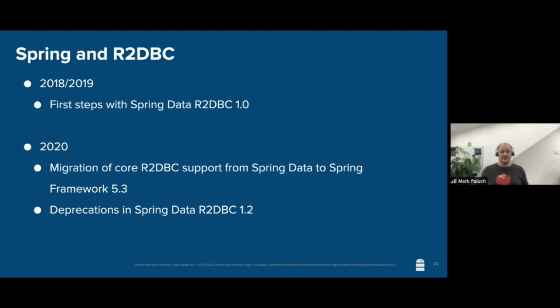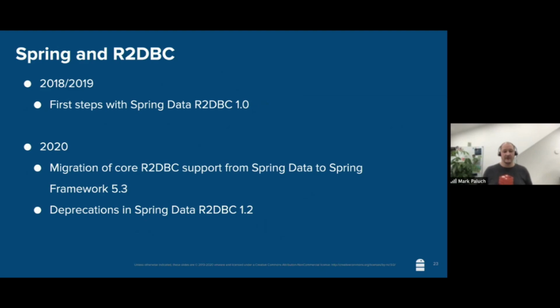And through the course of almost 2 years, we have accompanied the R2DBC development with Spring Data R2DBC. And Spring Data R2DBC was our experimentation ground to bring and to surface R2DBC features into the Spring world itself.